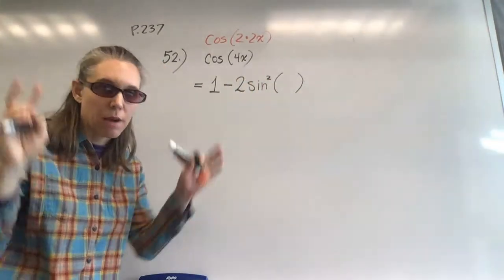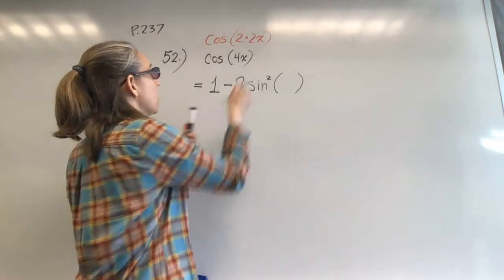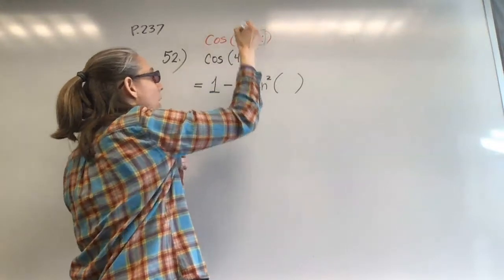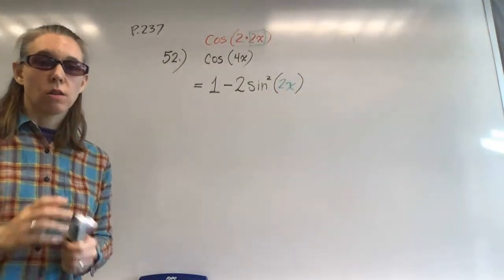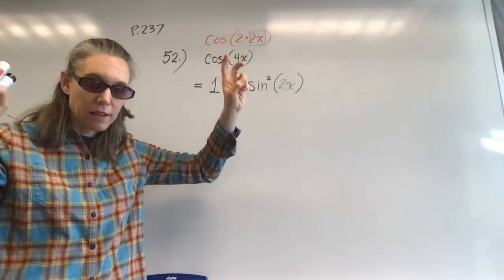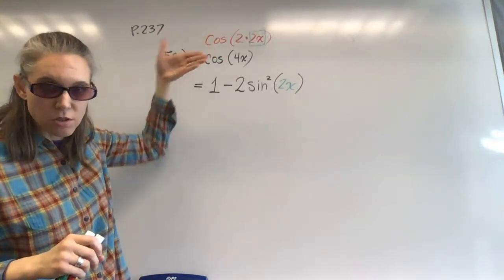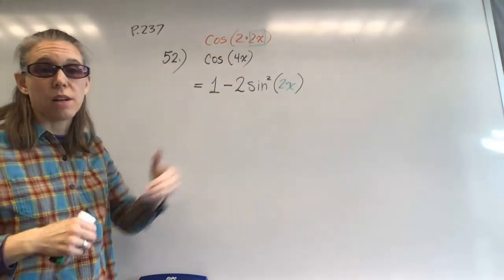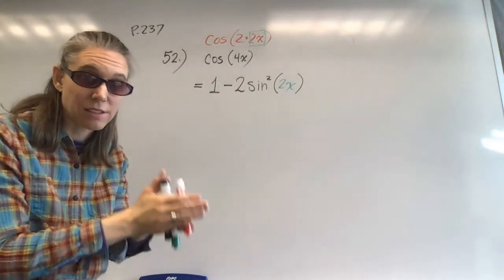But remember that my x in this problem is really 2x. Right? Okay, so I have replaced the formula's x with 2x, and now I have gone from a 4x expression to a 2x expression, but I need to go all the way to being simply in terms of x only.